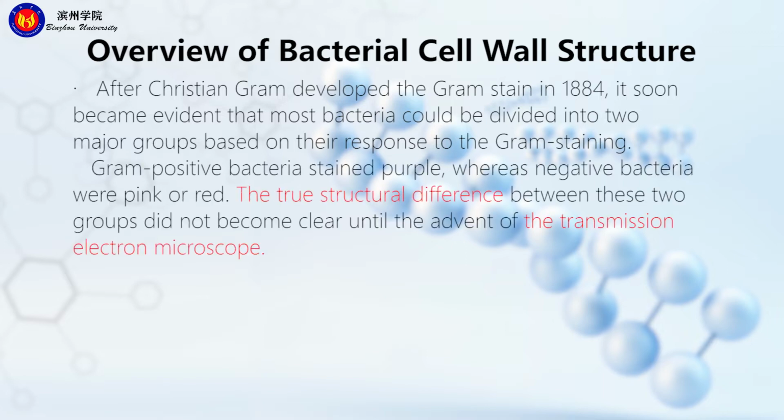Gram-positive bacteria stained purple, whereas gram-negative bacteria were pink or red. The true structural differences between these two groups did not become clear until the advent of the transmission electron microscope.